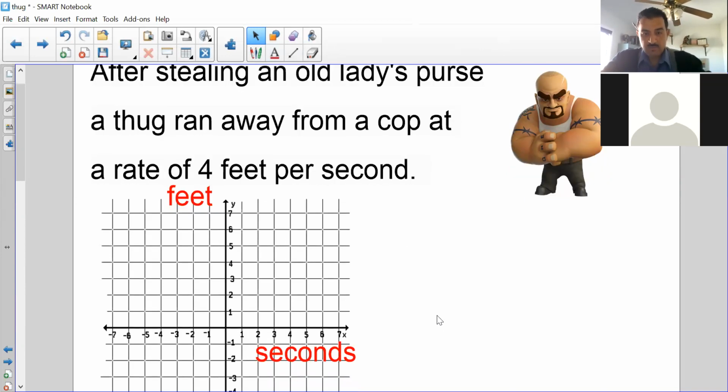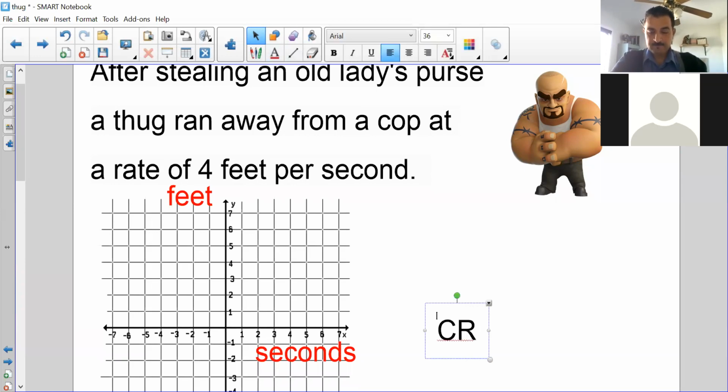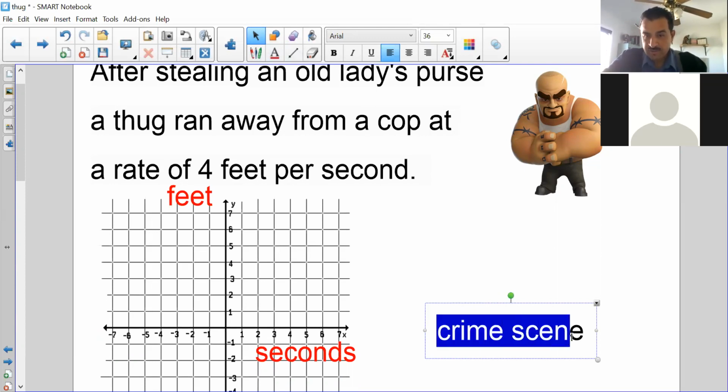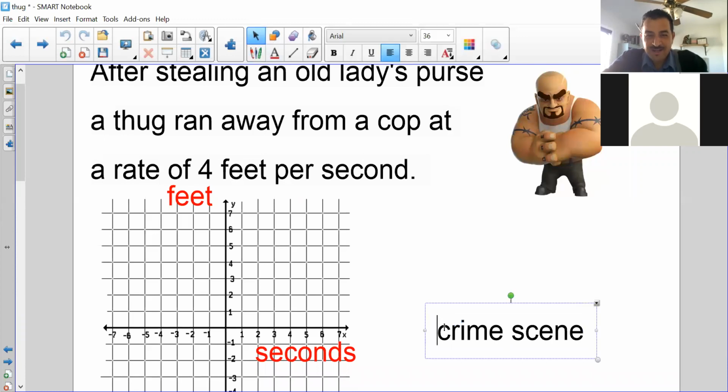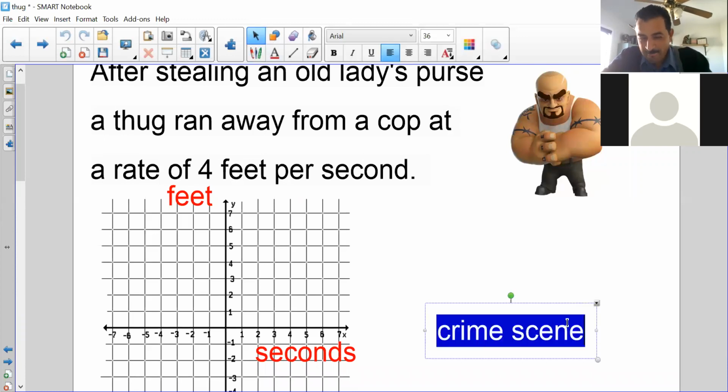So let me go ahead and write crime scene here. Now, pay attention because I'm going to give you a free assignment pass if you can help the cop catch the thug shortly. But you're not going to be able to help the cop find the thug if you're not paying attention.